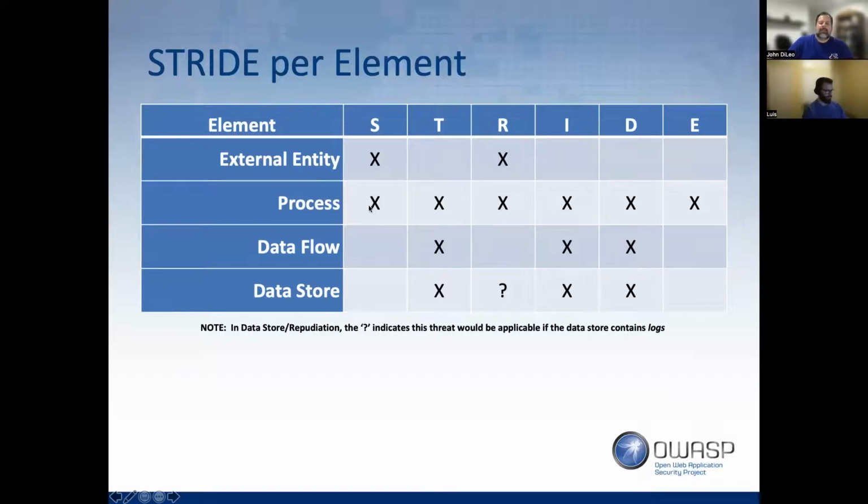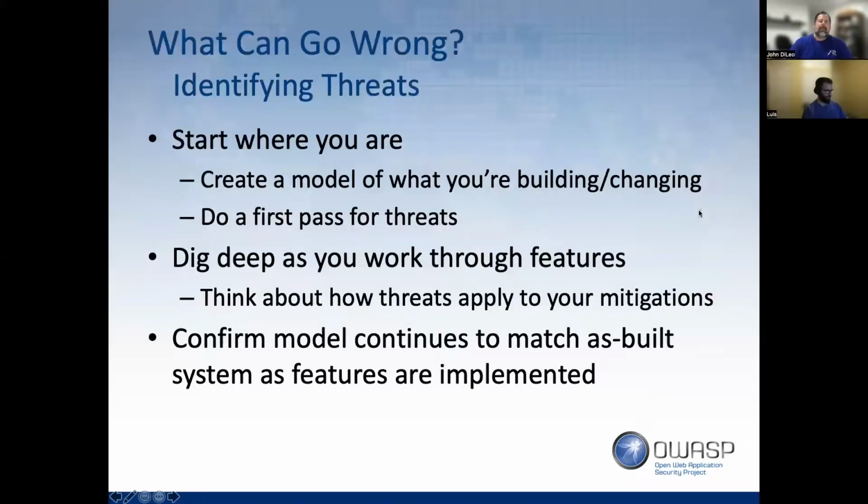And then you notice for processes, we need to ask across all of the categories. So we create this model of what we're building or what we're changing if we're doing an incremental approach. And we do that first pass for threats. We use our STRIDE per element table to ask the question across the categories.